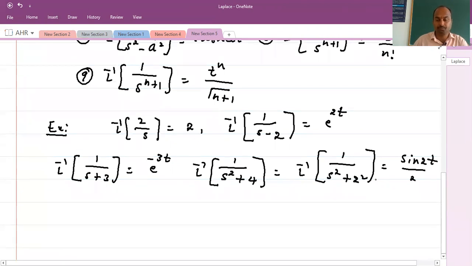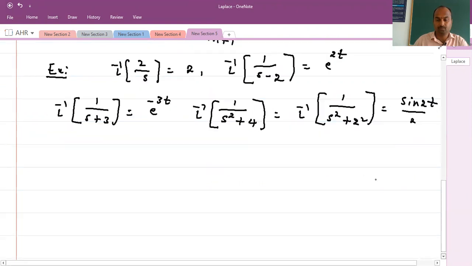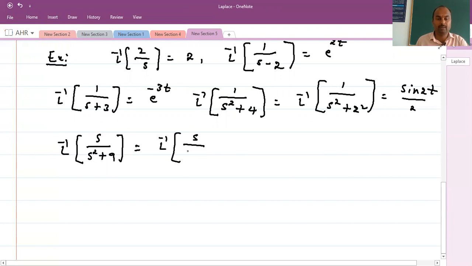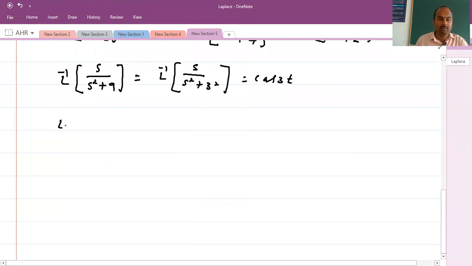Next, the inverse Laplace transform of s by s square plus 9. You can write this as s by s square plus 3 square. That is cos 3t. Next, the inverse Laplace transform of 1 by s square minus 4.